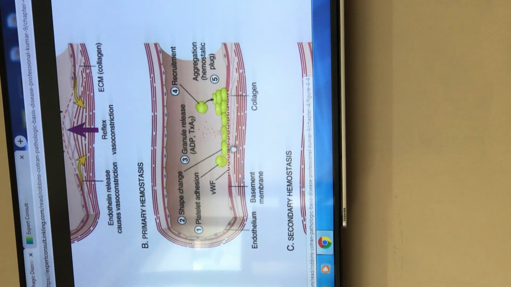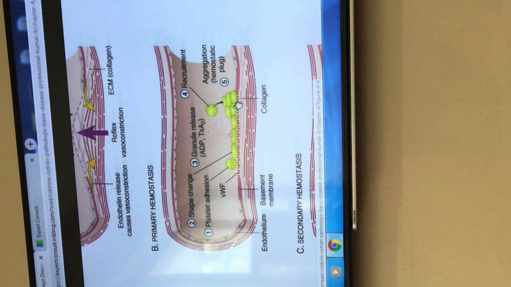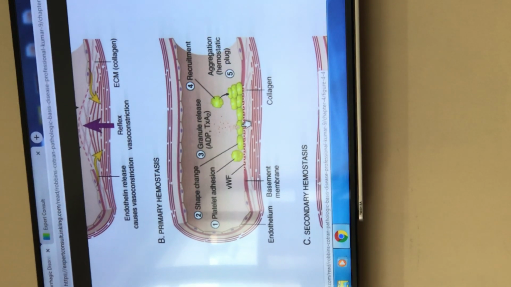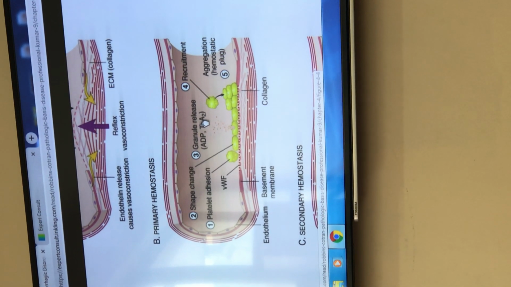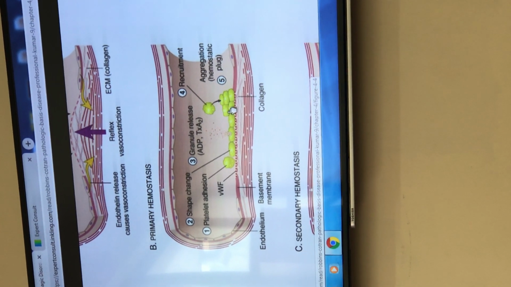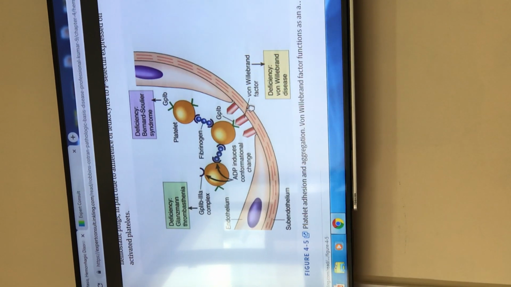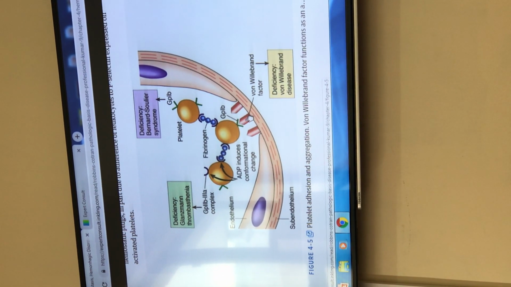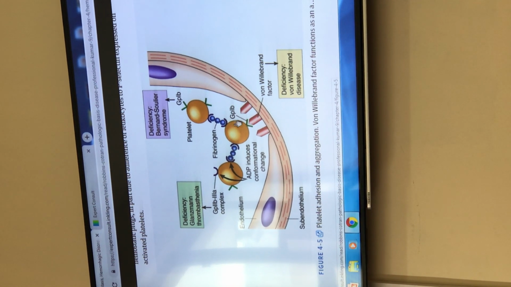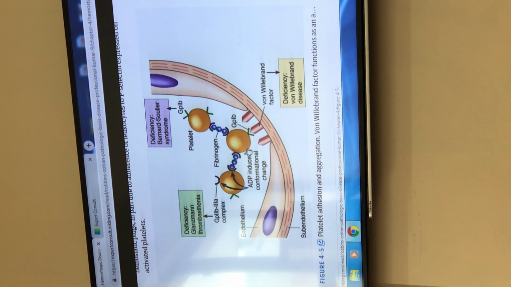It makes a bigger surface for the platelets, and the surface becomes negative by phosphatidylserine, the granules are secreted, and there is aggregation, attachment of platelets together. There is another picture here that shows these receptors: von Willebrand factor, platelet with GPIB, but platelet to platelet with GP2B3A and fibrinogen.